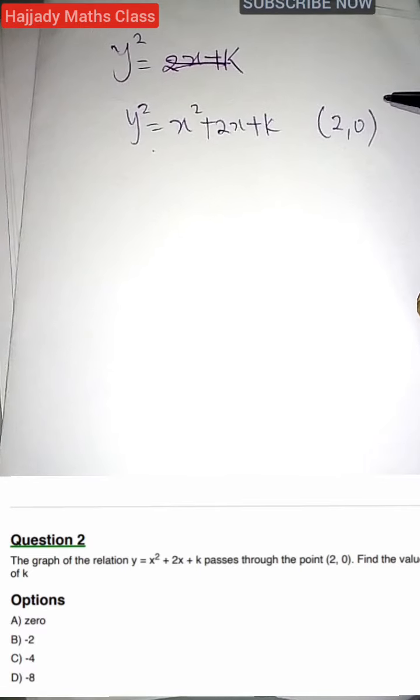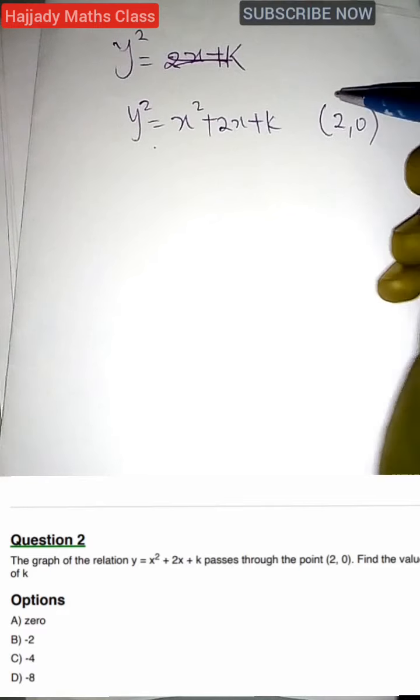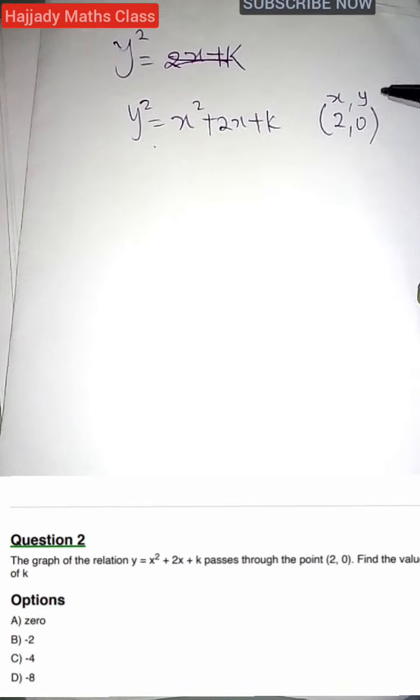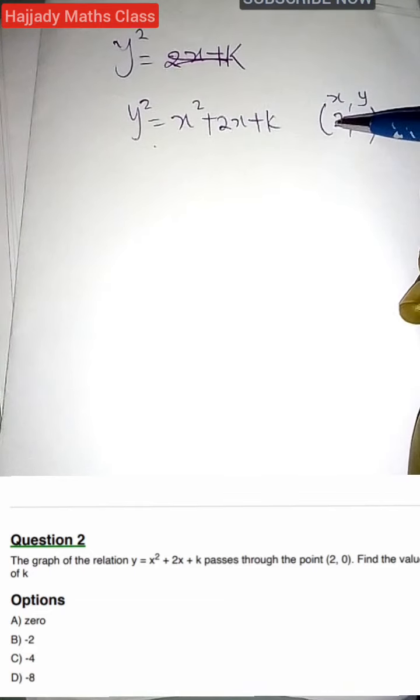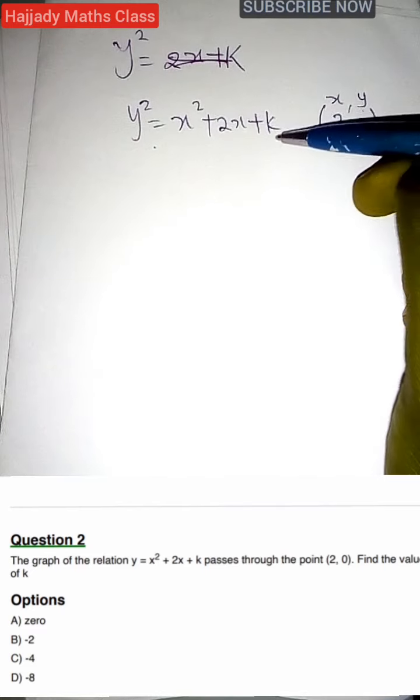Now don't forget, under coordinate geometry, we have this to be x and this to be y. So that means we are substituting this value in for x, while you substitute this in for y, for you to get your k.